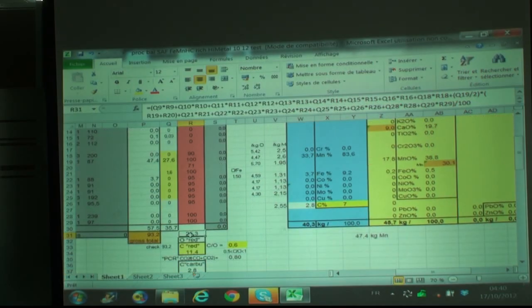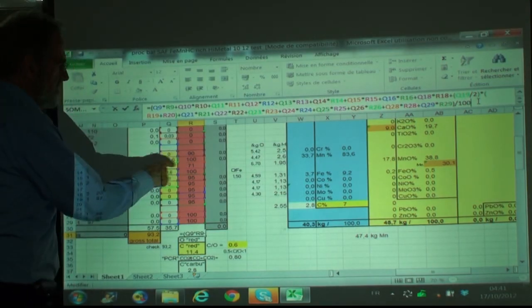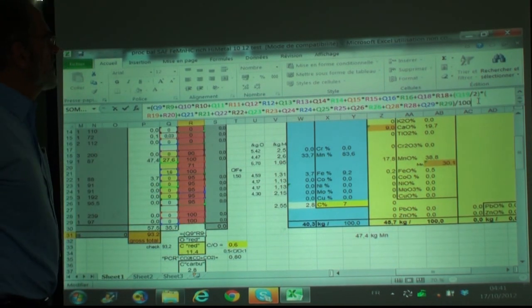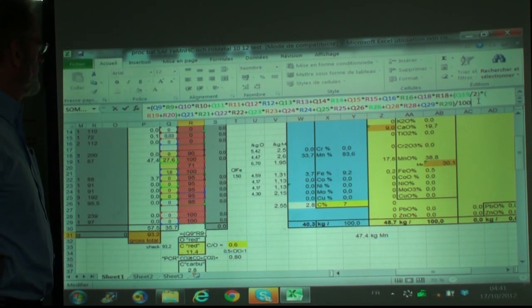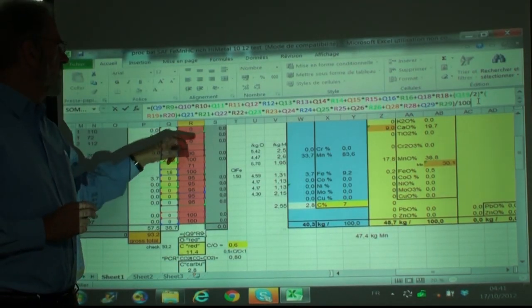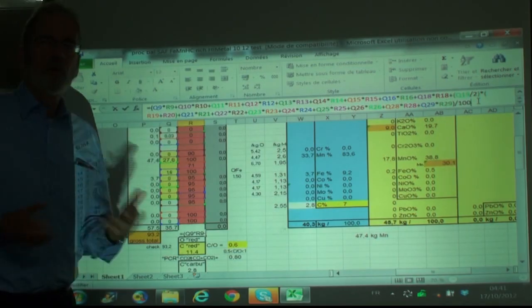We calculate the oxygen reduced, that is just each oxygen multiplied by the reduction yield. Meaning that if you have no reduction yield, there is no oxygen removed.